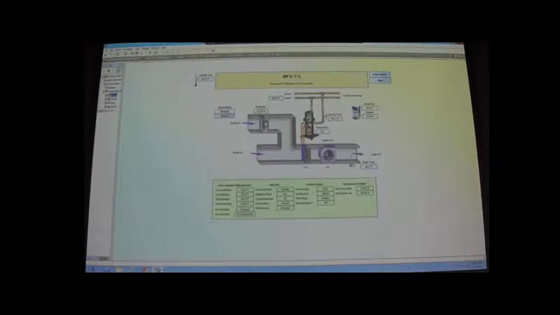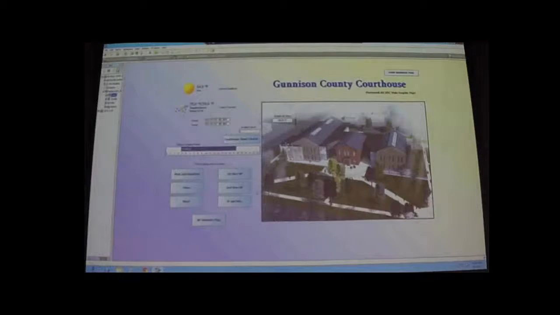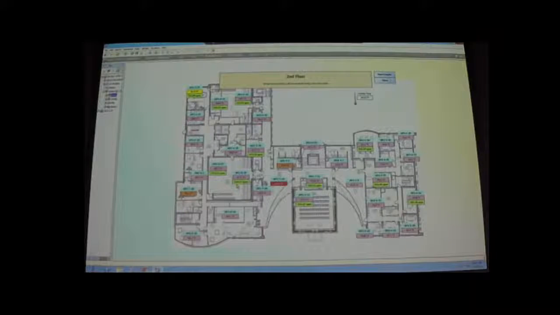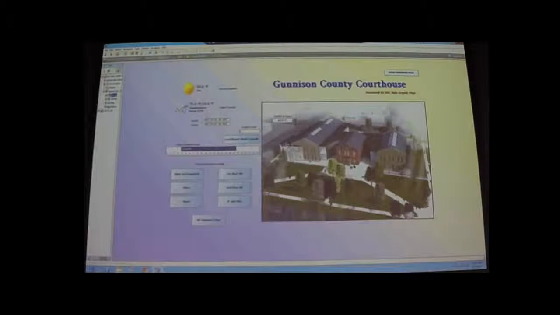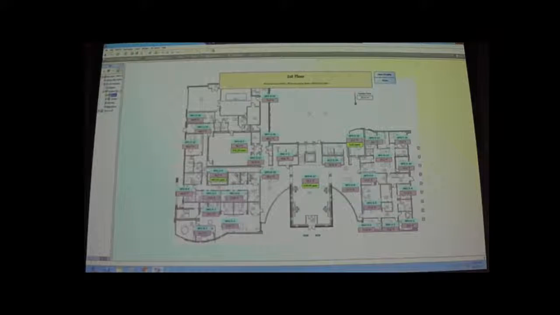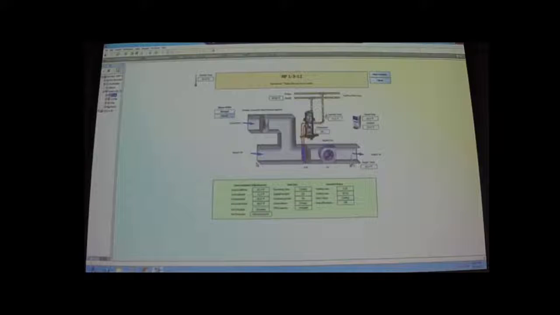Okay. Yeah, but there is one unit. I don't remember if it's first or second floor. I want to say it was one of the ones that. It was a tiny room, and I think it was one of the ones on our list that they're alarming a little more frequently.